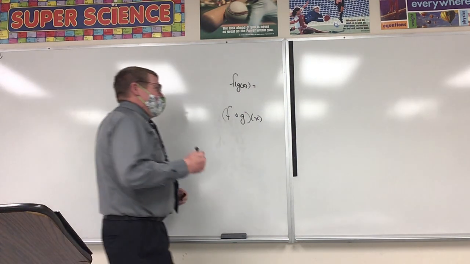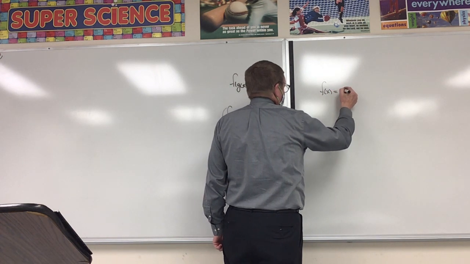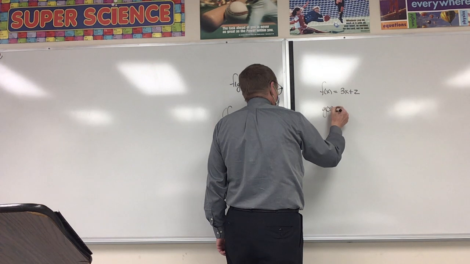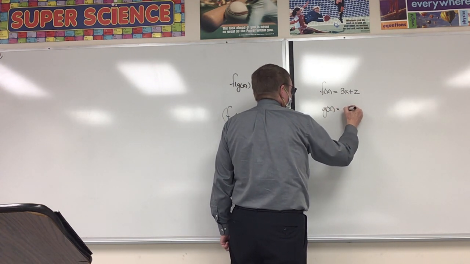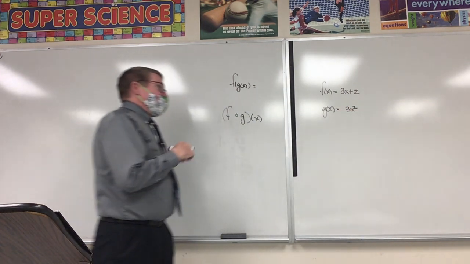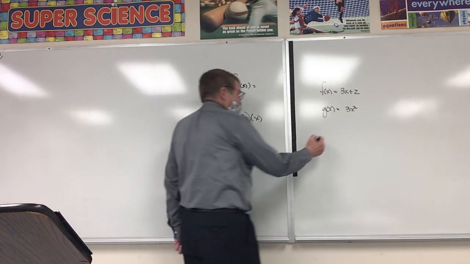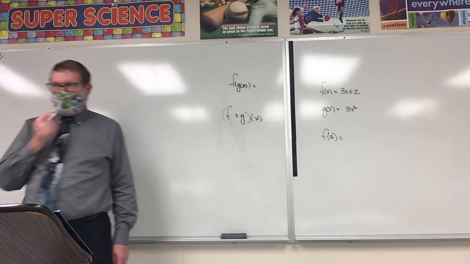Take for instance, if I had f of x equals 3x plus 2 and g of x equals 3x squared. If I ask you to evaluate f of 2, what would you do?